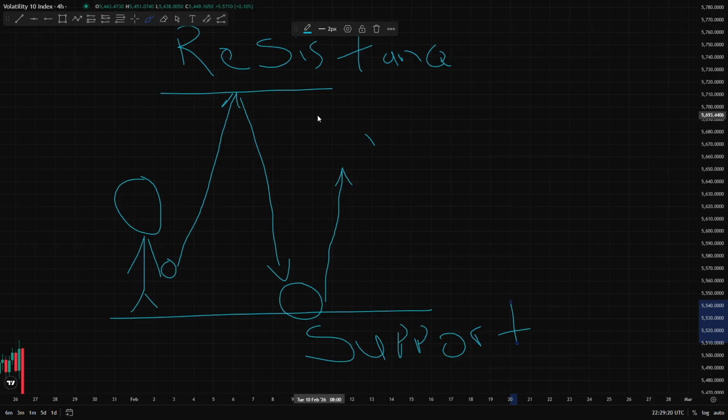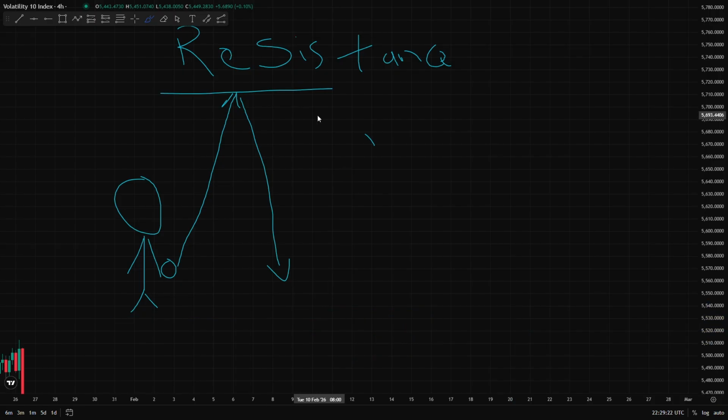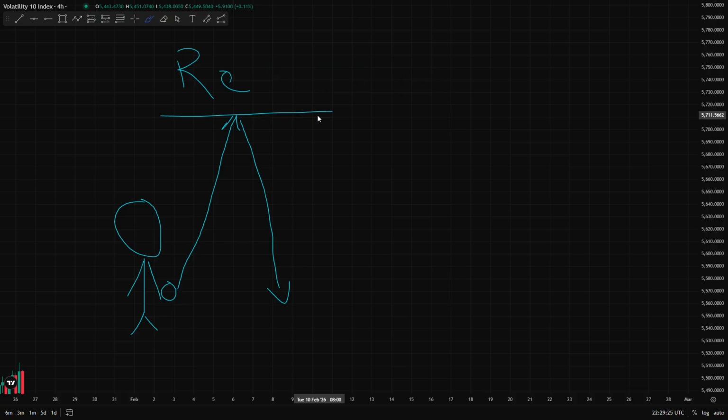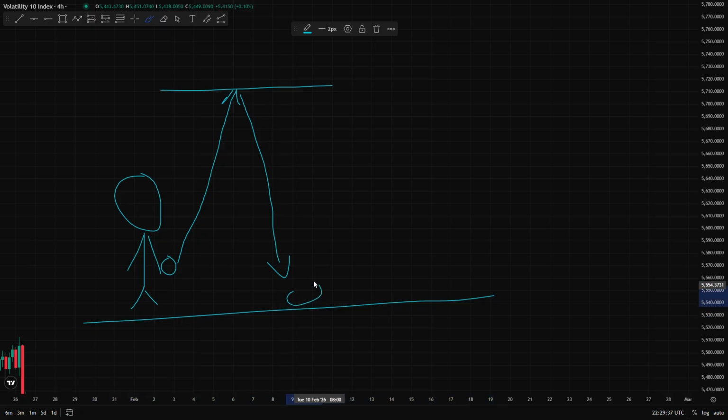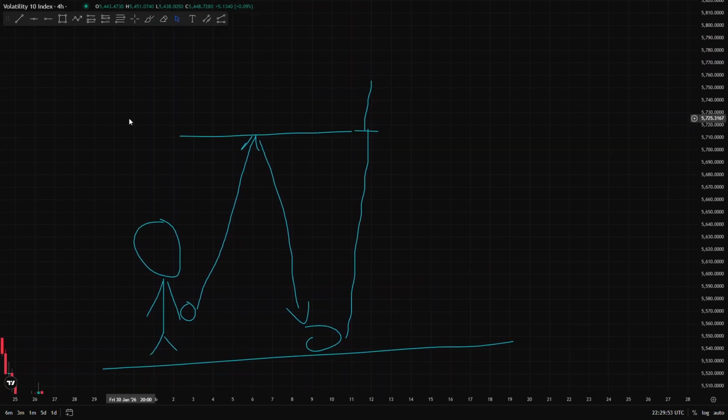So let's imagine the ball was thrown at the ceiling. It came back to the floor. After the floor supported the ball in heading back to the initial direction, it reaches the ceiling, breaks through the ceiling, gets to a certain point where it loses momentum, and drops back on top of the ceiling.